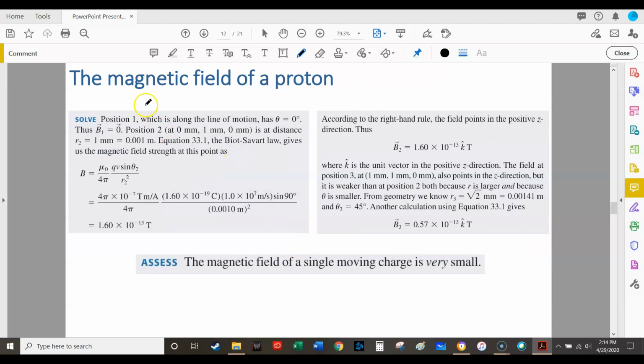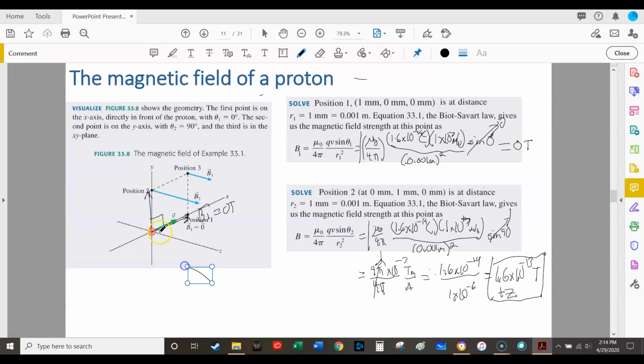Well, if you work out position 3 using the same thing, there's a couple ways to work it out, but let's work out position 3. So the B field at 3, and let's set that up, okay? And we have to remember that position 3 is over here.